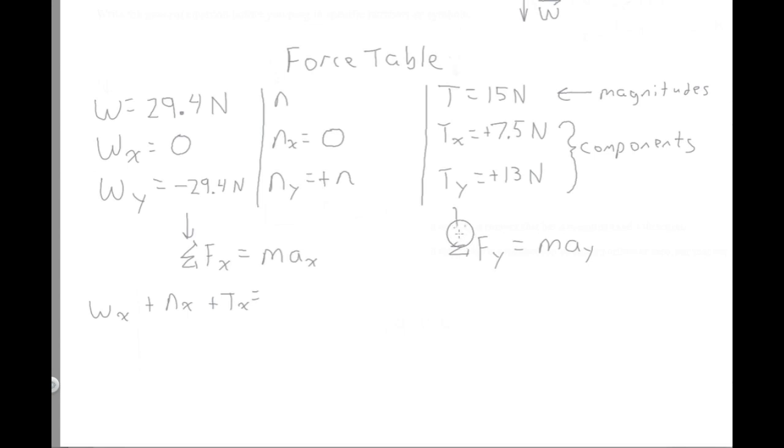And this symbol means that we need to add all the y components of the forces. So here we need to add W sub y plus n sub y plus T sub y. So the sigma symbol means that we're adding the component forces on each side.